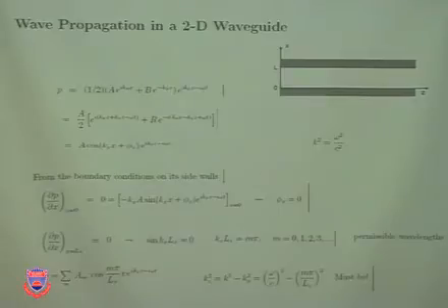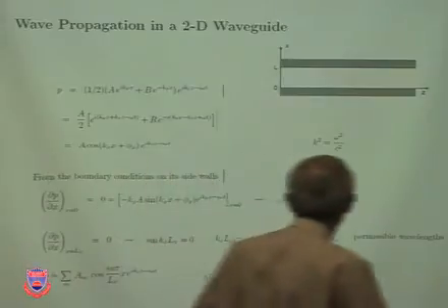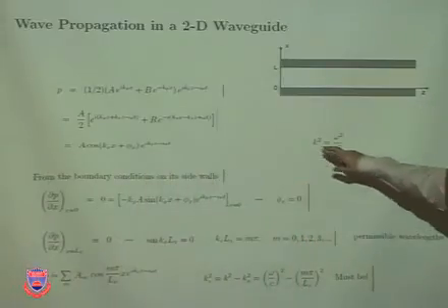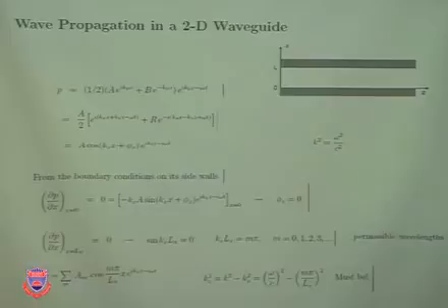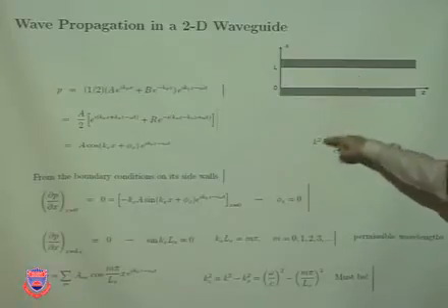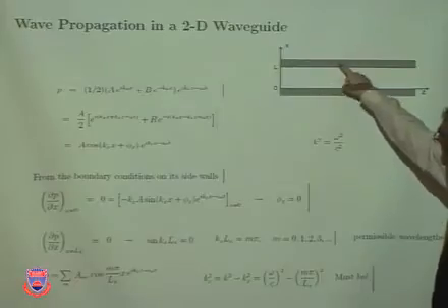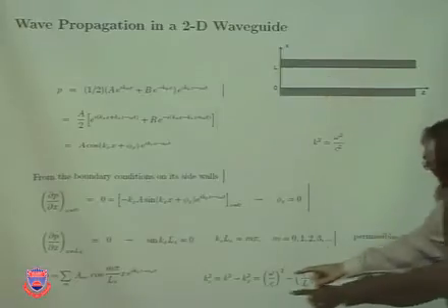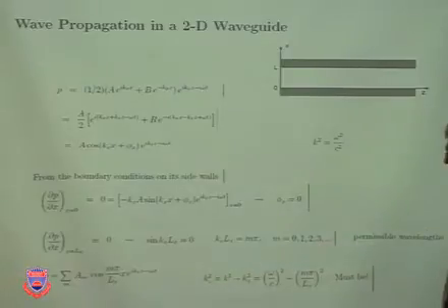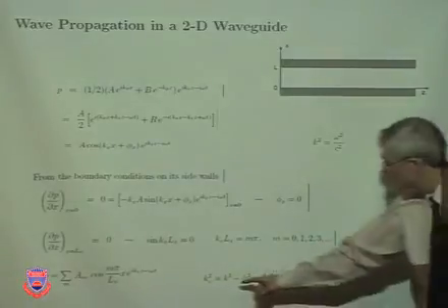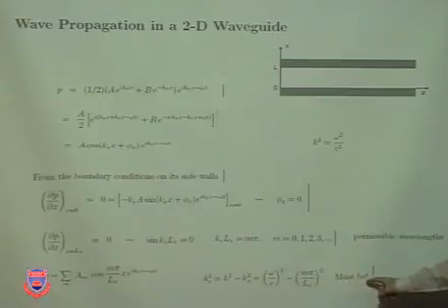Now, this is the key point. Since k itself is a ratio of the radial frequency to the speed of sound, and it is also a sum of the k-squares, the sum of the squares in the x and z direction, you can now see kz squared has a condition that must be satisfied.